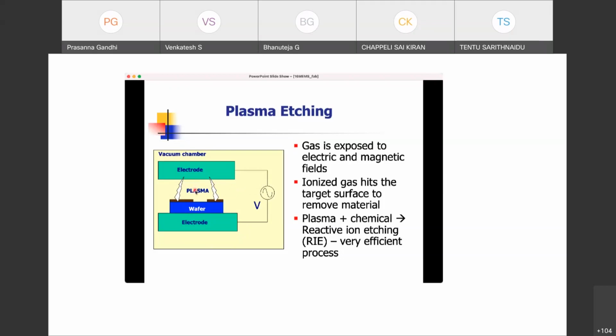these ions which typically have big mass will hit the wafer surface, and when they hit the wafer surface, they physically remove atoms from the surface. So these are dry processes. You don't have the liquid chemicals that are typically used in etching processes, like hydrofluoric acid, nitric acid, acetic acid and things like that. Those are not used here.